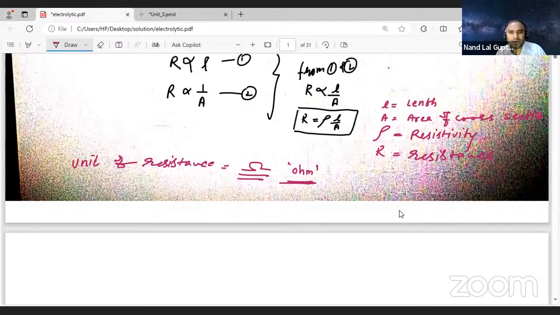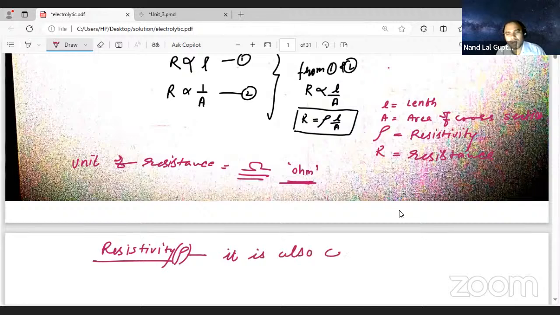Now we are talking about resistivity. Can you define resistivity? It is also called specific resistance.